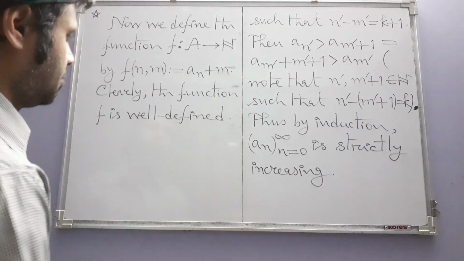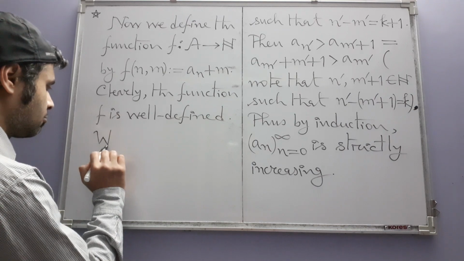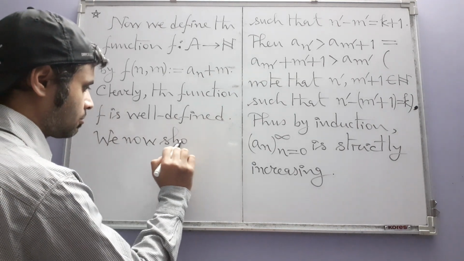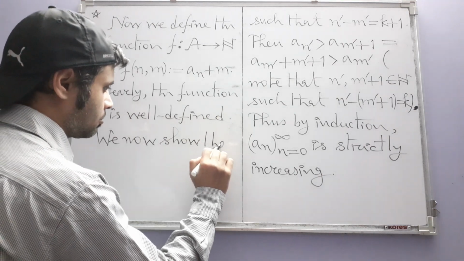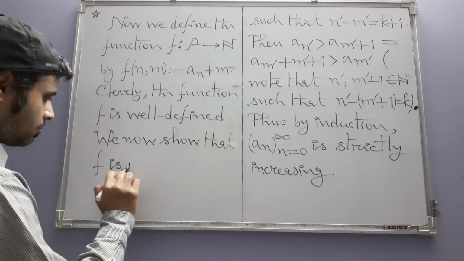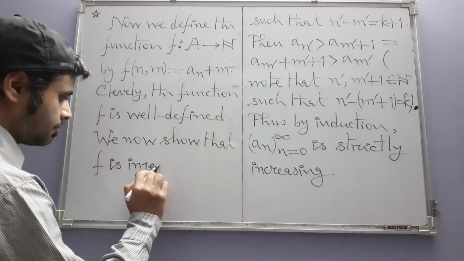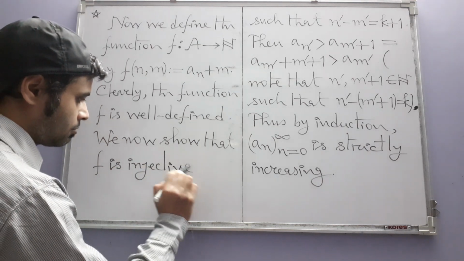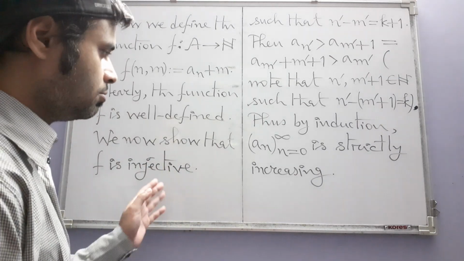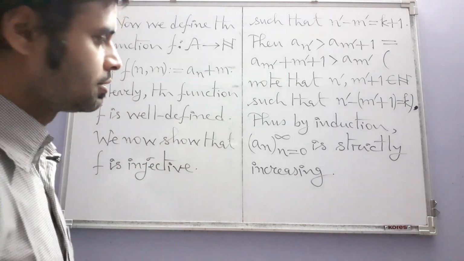Now our main objective would be to show that this f is injective. It's a one-to-one function. We now show that f is injective. This of course we can show in two different but equivalent ways.